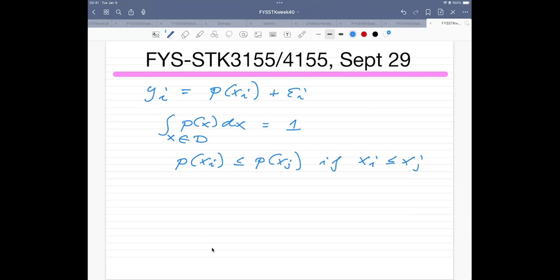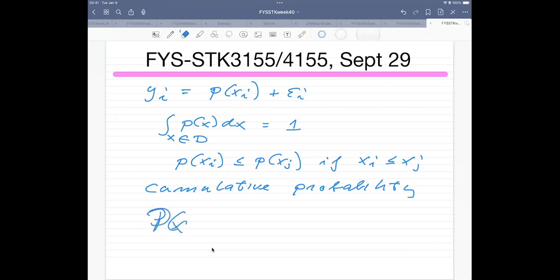Secondly, we have something which is called the cumulative function, or the cumulative probability. I'm just quickly repeating some of these basic concepts from statistics and probability theory. So I'm writing this as an uppercase P, P of x. Let me just write this a little bit nicer.